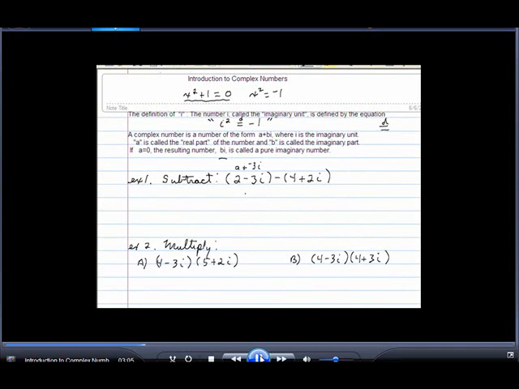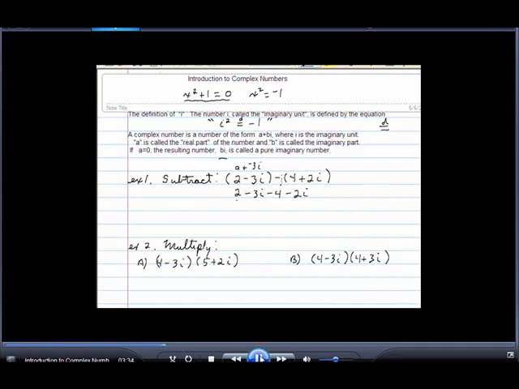So I'll first distribute to clear the parentheses on the first term. 1 times 2 is 2. 1 times negative 3i is negative 3i. I'll put in my little invisible 1 that multiplies every number right here. So to clear the second parentheses, I'll multiply negative 1 times 4, which is negative 4, and negative 1 times 2i, which is negative 2i. And then to complete the problem, I'll simply combine my like terms.